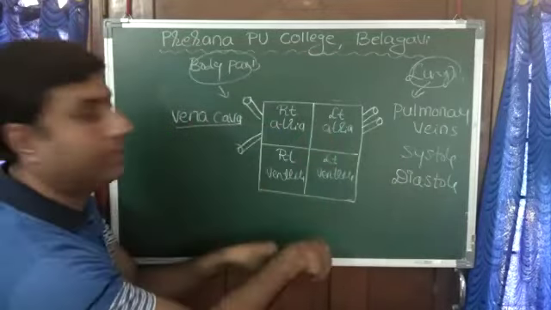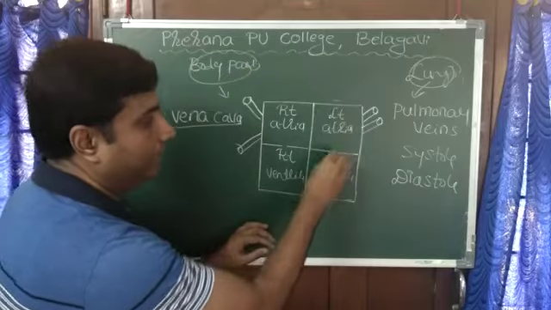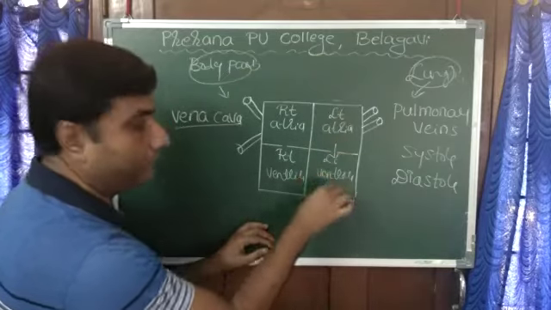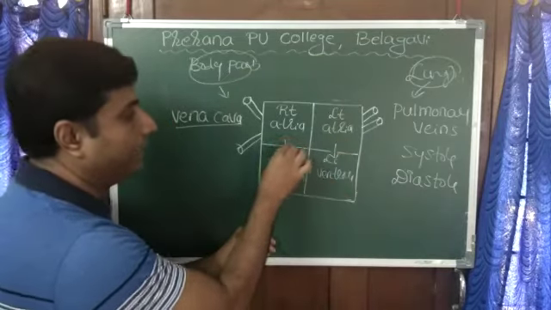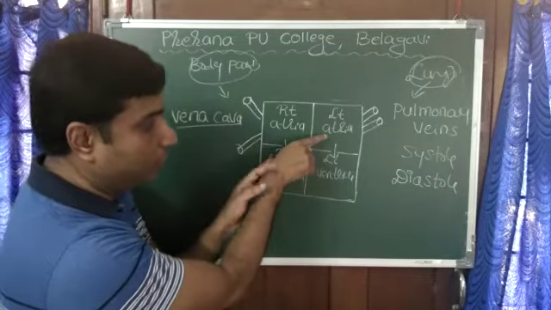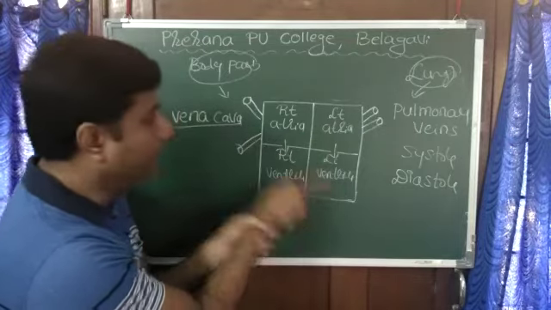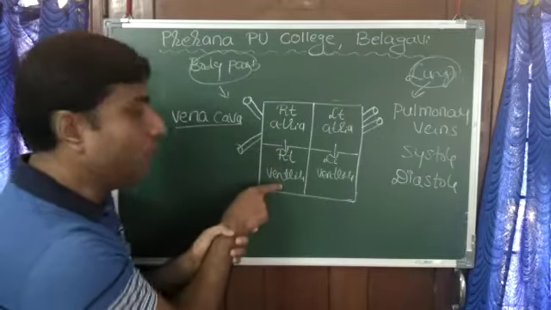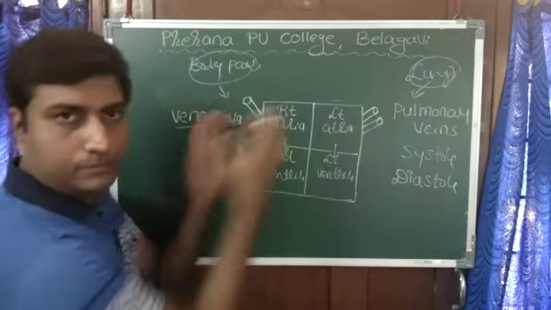From the left atrium, blood enters the left ventricle. From the right atrium, blood enters the right ventricle. Pure, oxygenated blood goes to the left ventricle, deoxygenated blood goes to the right ventricle.